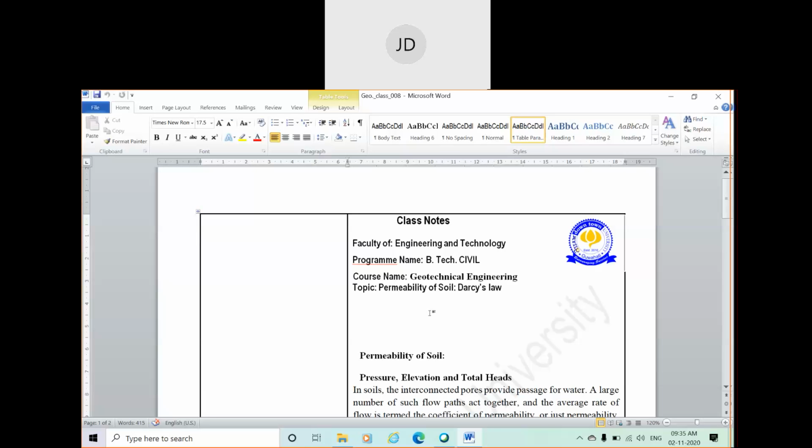If you consider a partially saturated or saturated soil, water is present in the voids, partially or fully. And it is almost not stationary water, since there is always a gradient.